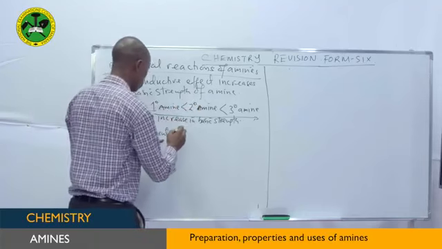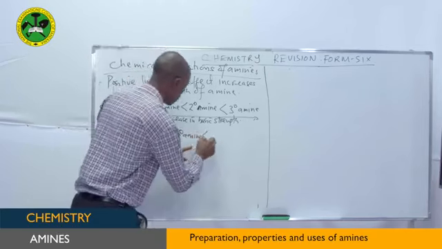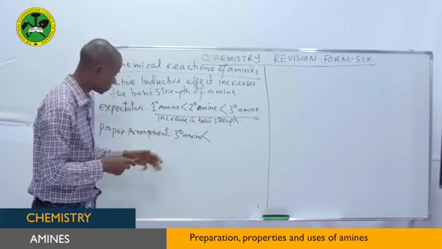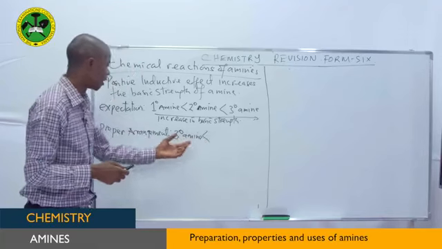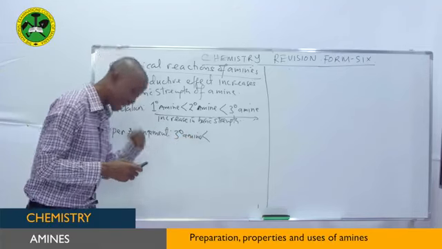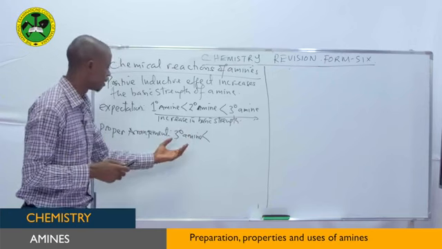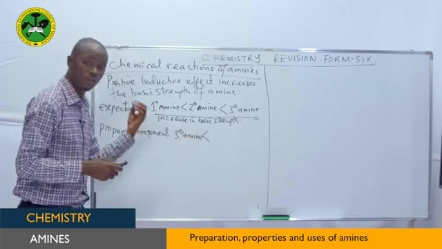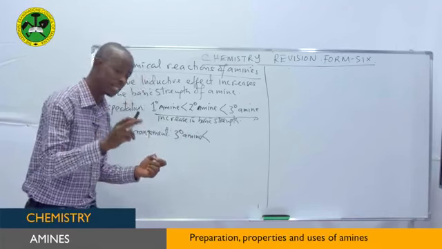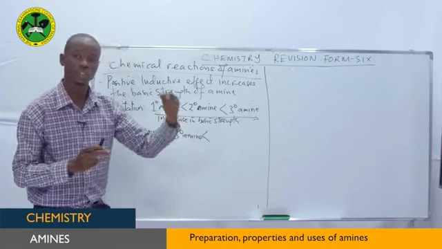So here we are going to have this one. Tertiary amine will be the weakest base of all. Why? I have said that the tertiary amine experiences a stronger positive inductive effect, but what makes them the weakest base of all is that the steric hindrance from 3 different alkyl groups makes it difficult for the Lewis acid to come and bond to the nitrogen atom.